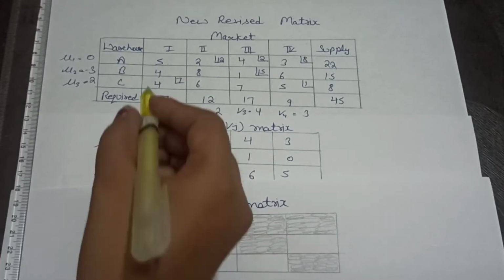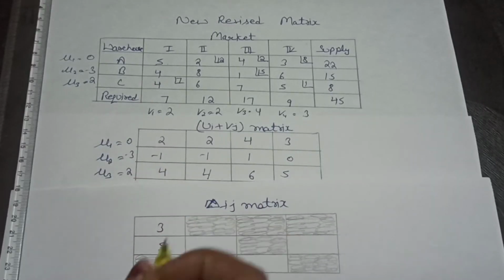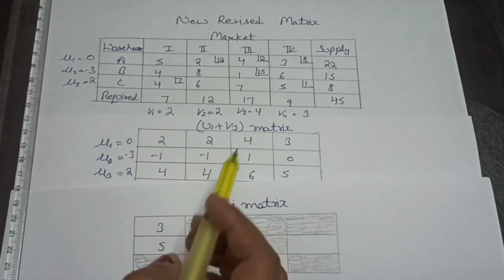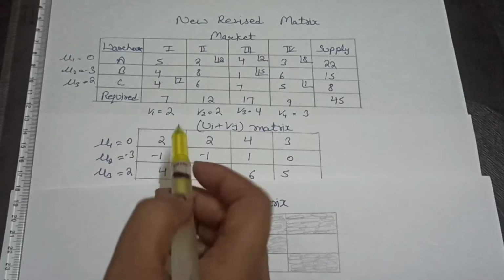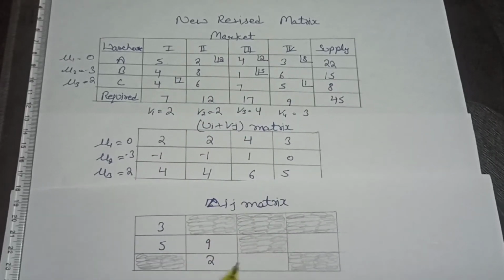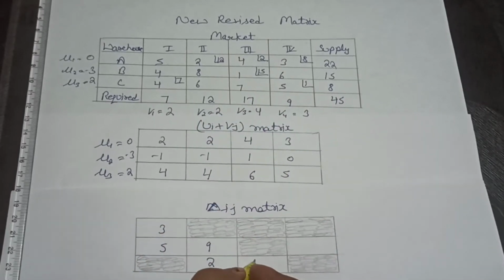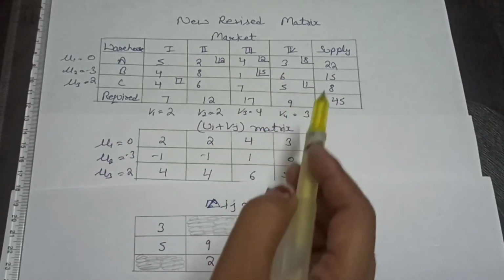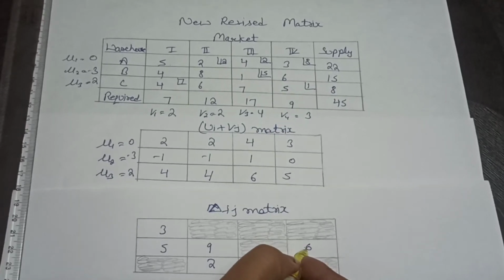For this cell, 4 minus 1 is equal to 5. For this cell, 8 minus 1 is equal to 9. For this cell, 6 minus 4 is equal to 2. For this cell, 7 minus 6 is equal to 1. And for the last cell, we have 6 and 0, so 6 minus 0 is equal to 6.